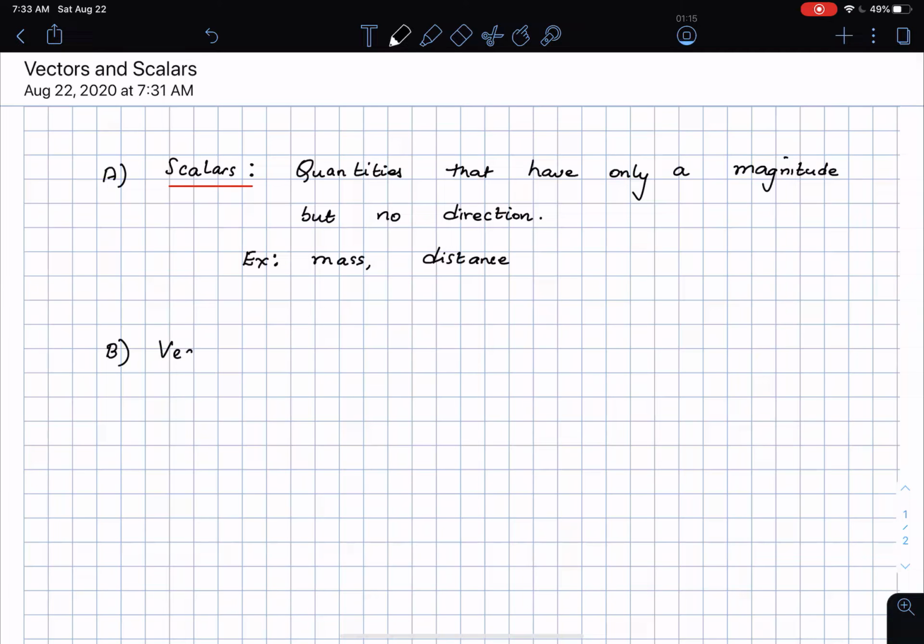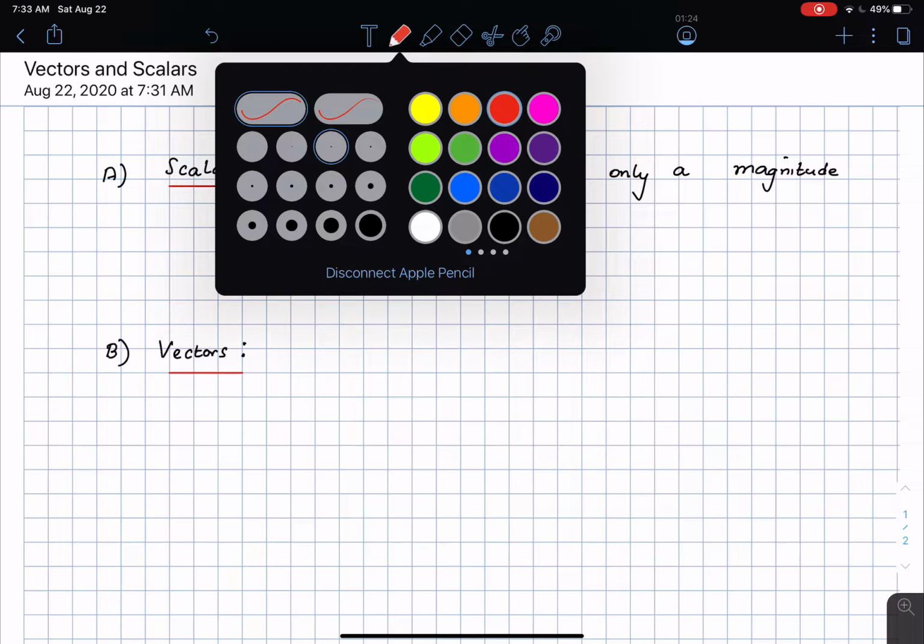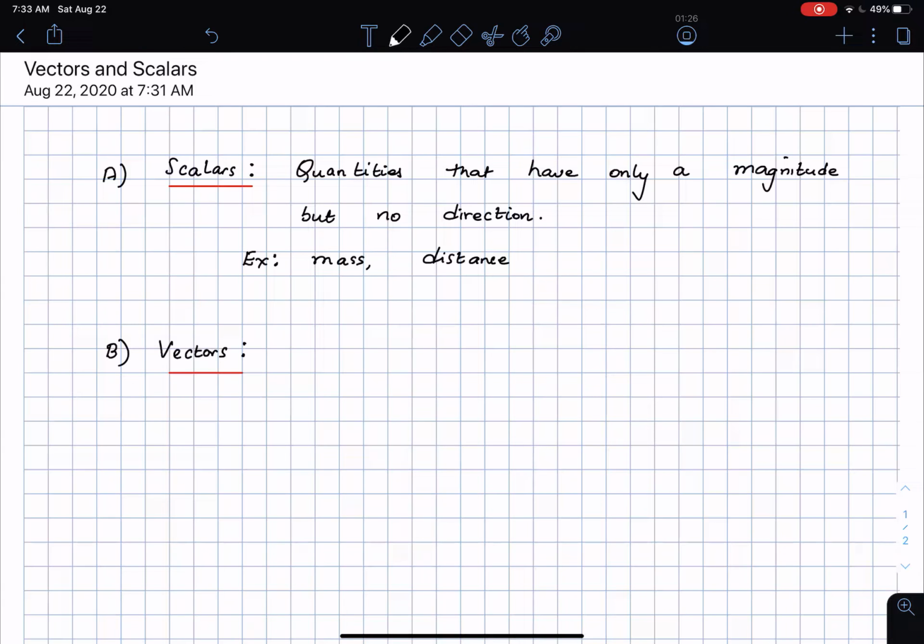So vectors are quantities that have both a magnitude and a direction, as you would have obviously guessed. Okay, so these are quantities that have both magnitude and direction.